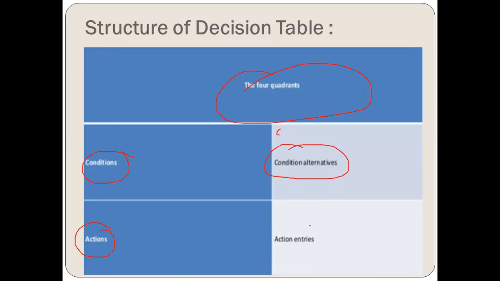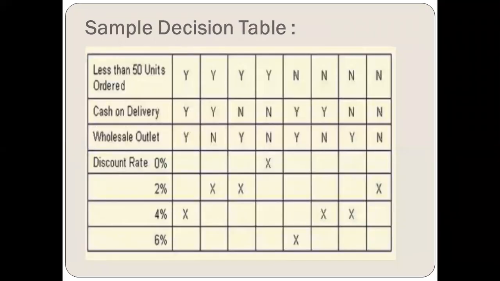There is no limitation on those particular terms. Then we have the action entries just below the condition entries. Now let's take an example. I just want to explain how the decision table is prepared, and taking an example will give you a clear picture of how we can design the decision table for a specific example, right?